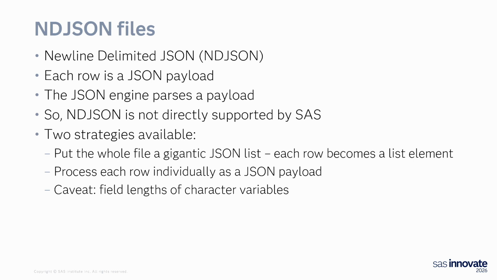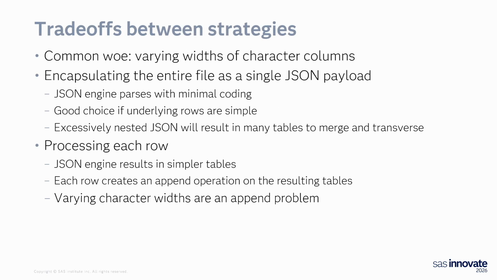The other way to go about this is to say, well, we need to hand over one row at a time to SAS, or at least to the JSON libname engine, and that can be done through several mechanisms. In either case, I would say the common problem is that at some point you're going to end up with some appending going on, and field lengths are going to matter.